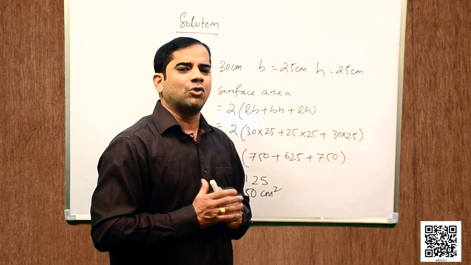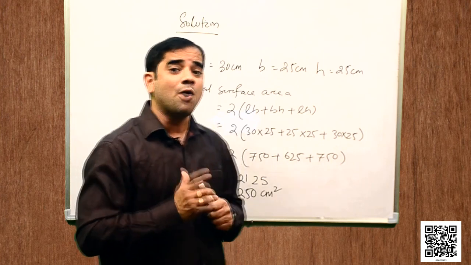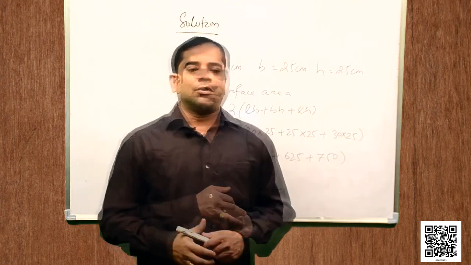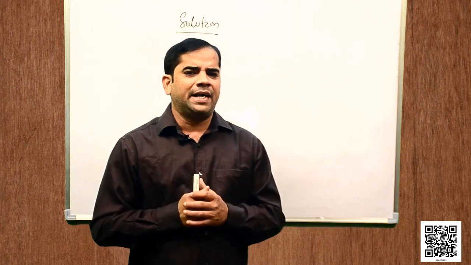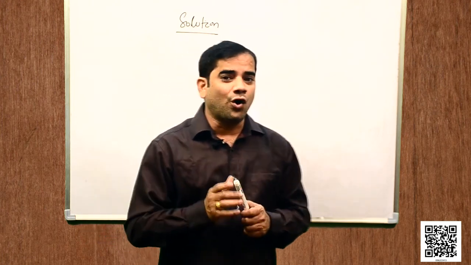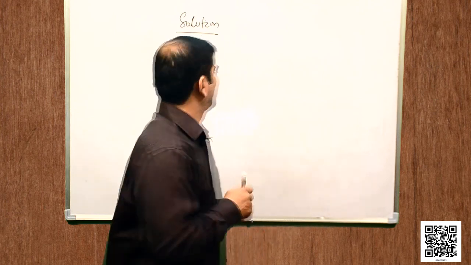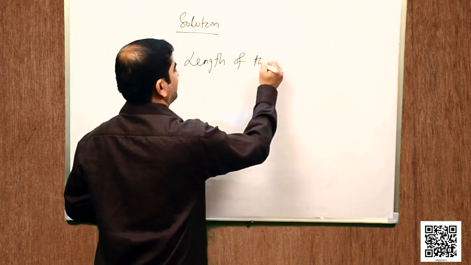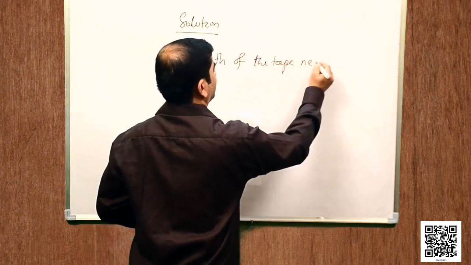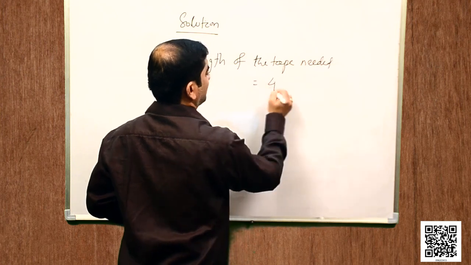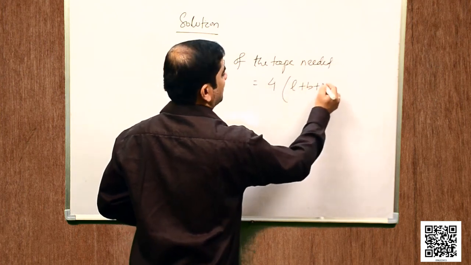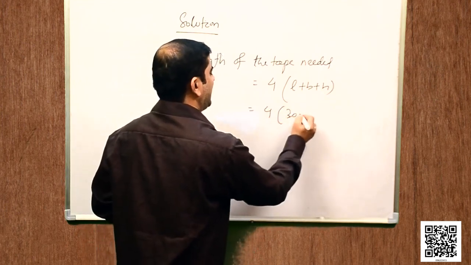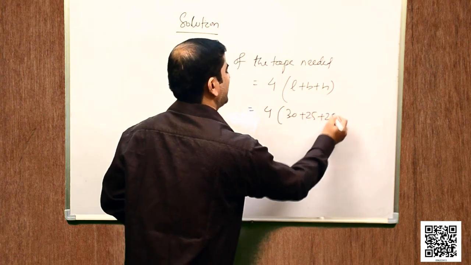Okay. This is the solution for the first bit. Let us now discuss the solution for the second bit. It asks how much tape is needed for all the 12 edges. Okay. Students, the length of the tape needed is equal to 4 into L plus B plus H. That is equal to 4 into 30 plus 25 plus 25.